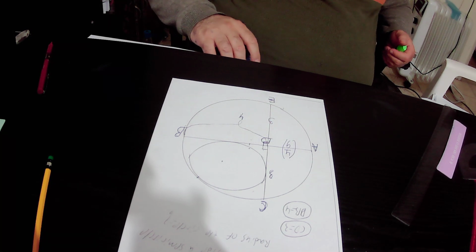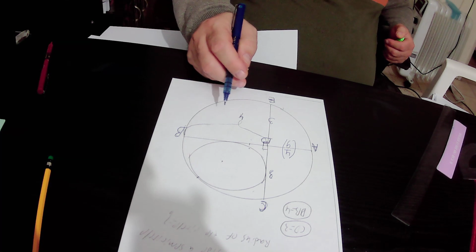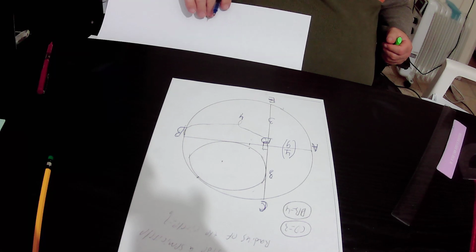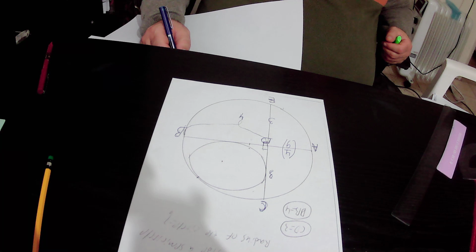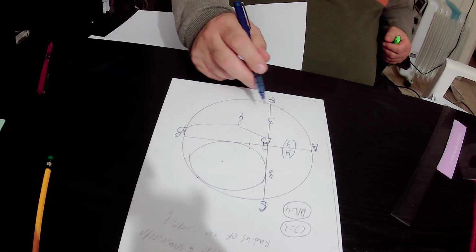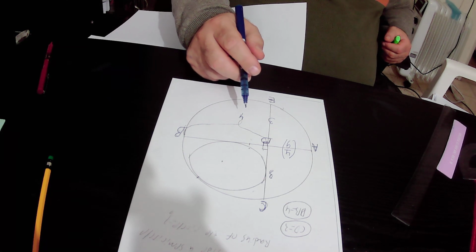We also know that AB is the diameter of the circle and also the diameter of the semicircles. The diameter is twice as long as the radius, so we'll divide the diameter by 2 in order to find the radius of the big circle.